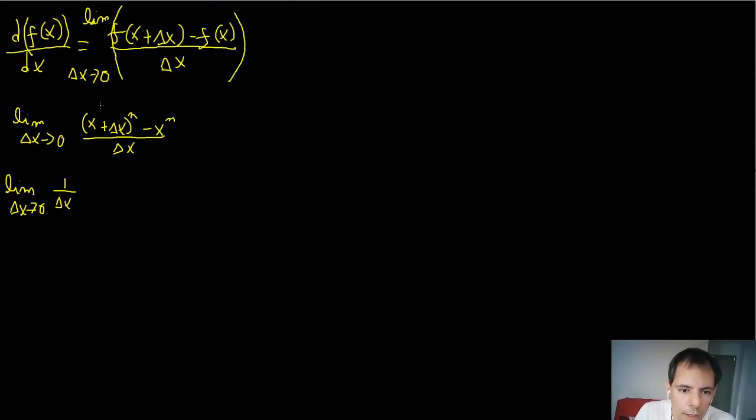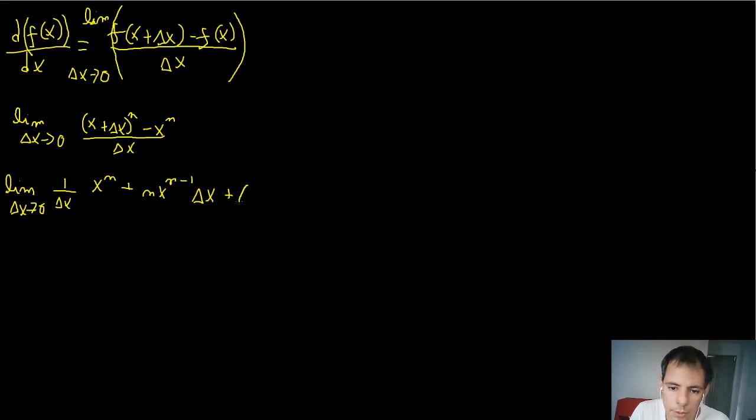this way. This binomial expansion here is going to be equal to x to the n. I don't have to put a delta x to the 0 because delta x to the 0 is just 1. Okay, plus n x to the n minus 1 delta x plus, actually, it's not going to be n.